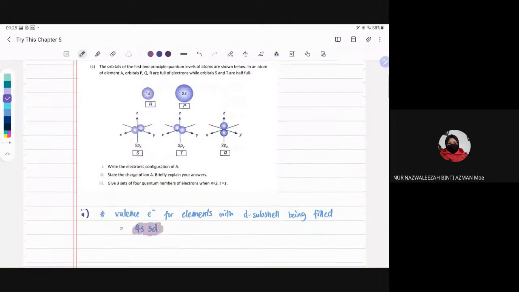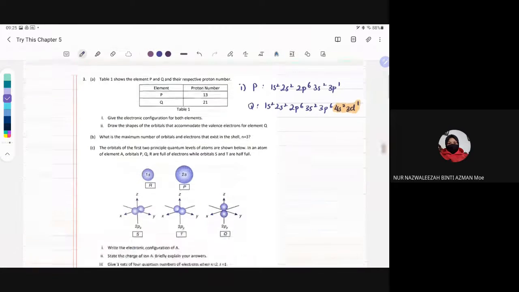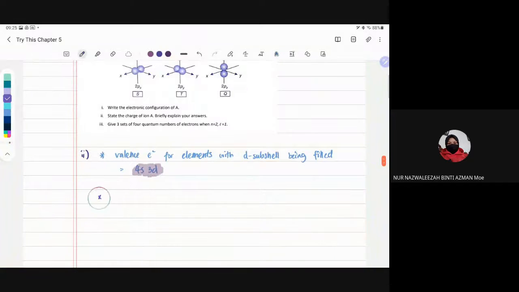Jadi untuk this one for 4s2 3d1, so valence electron configuration, susunan elektron valence dia adalah 4s2 3d1.